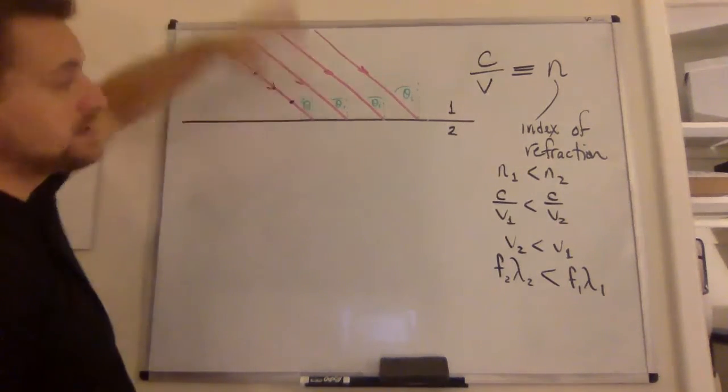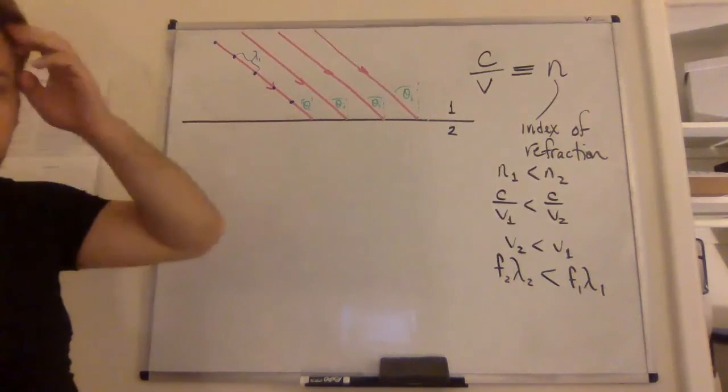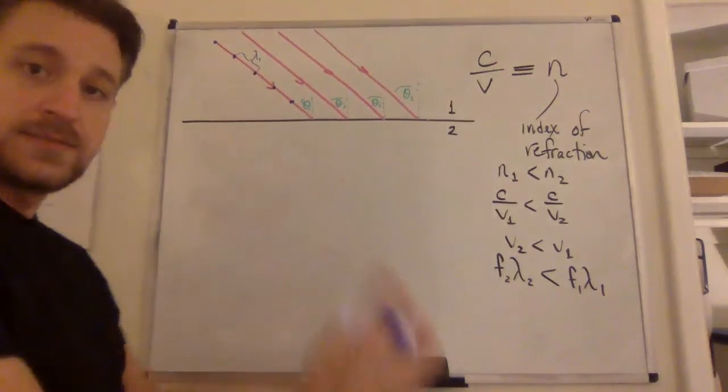But if all of these rays basically came from the same source, then they're all lining up. All of their crests happened at the same time.